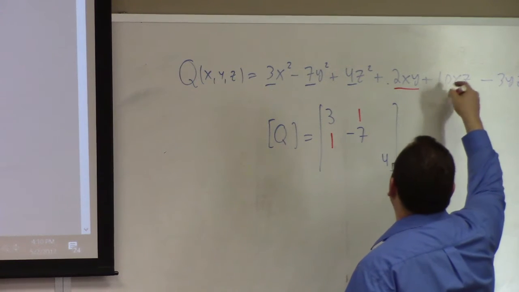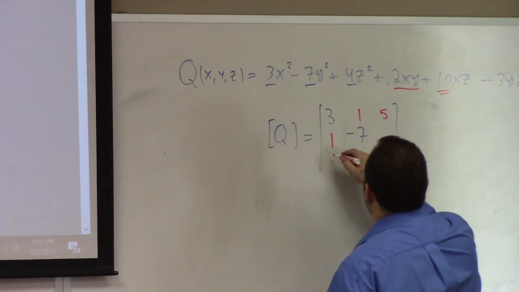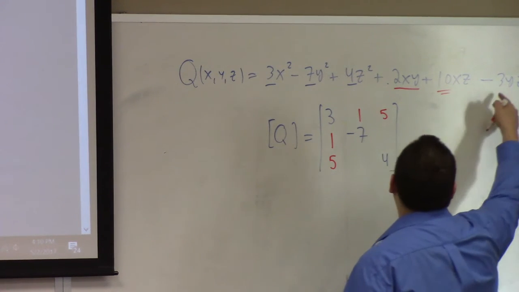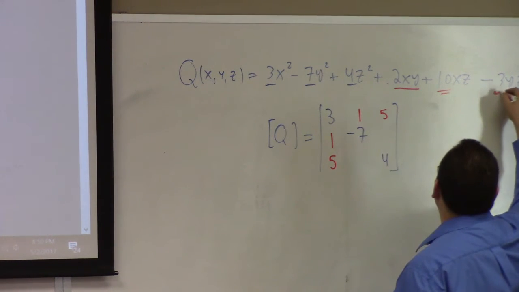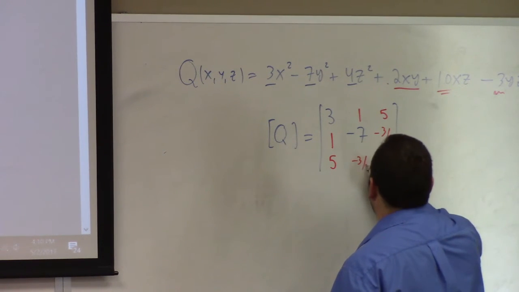Then this xz, put the 5 here and here, and that would lead to minus 3 halves and minus 3 halves.